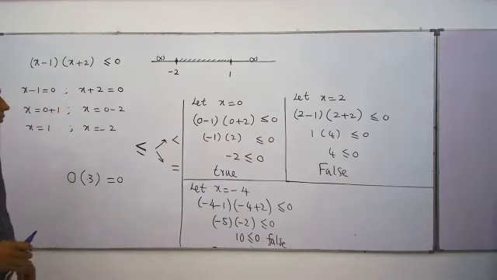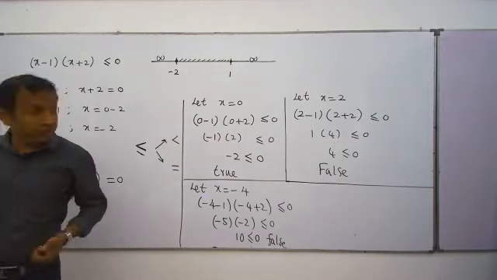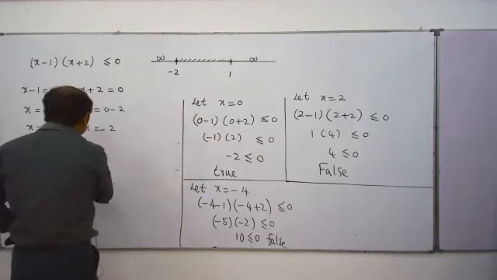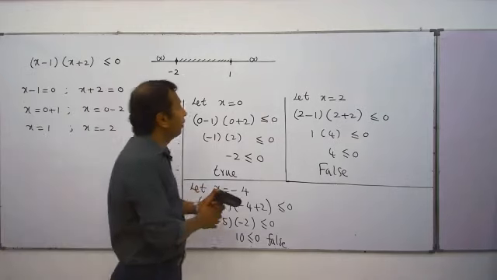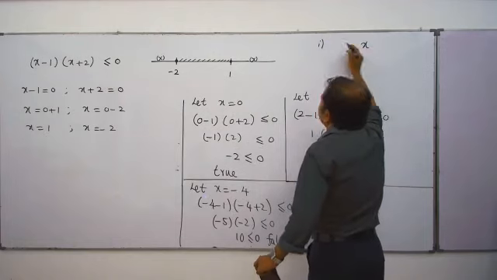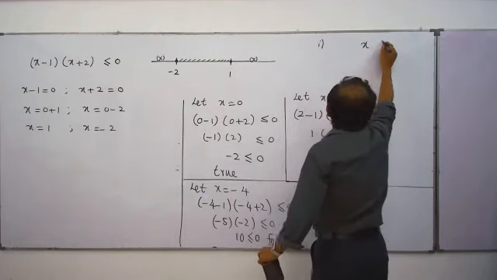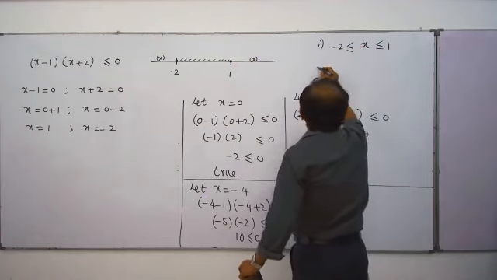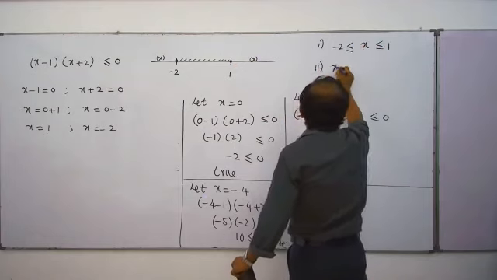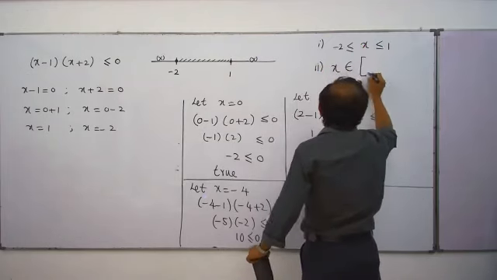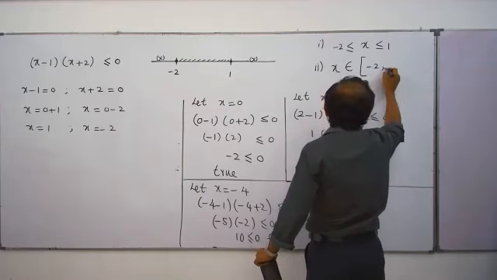Then how to write this region, people? This region is obtained, therefore, this way. First, x is less than or equal to 1 and greater than or equal to minus 2. Second way, x belongs to the closed interval minus 2 comma 1.